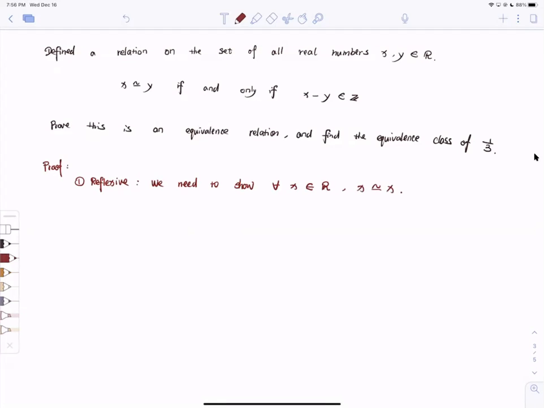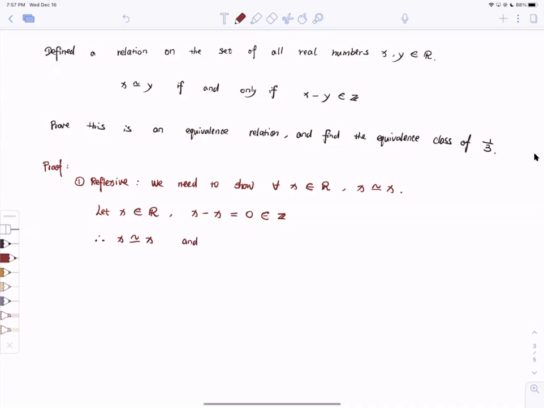Let x be in the real numbers. To show that it has a relation with itself, we need to show x minus x is an integer. So x minus x equals 0, which is an integer. Therefore, x has a relation with x.